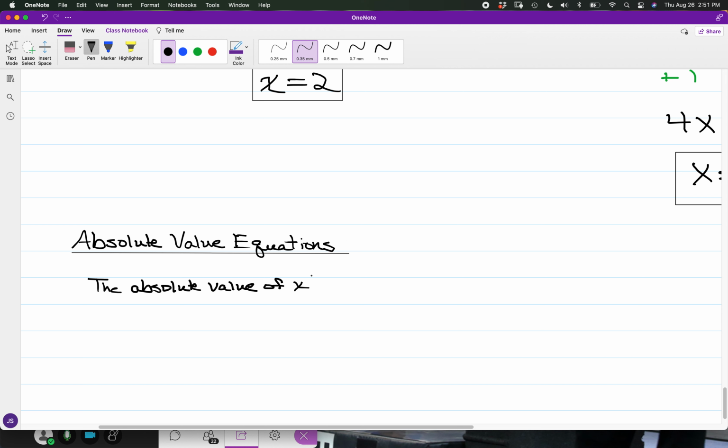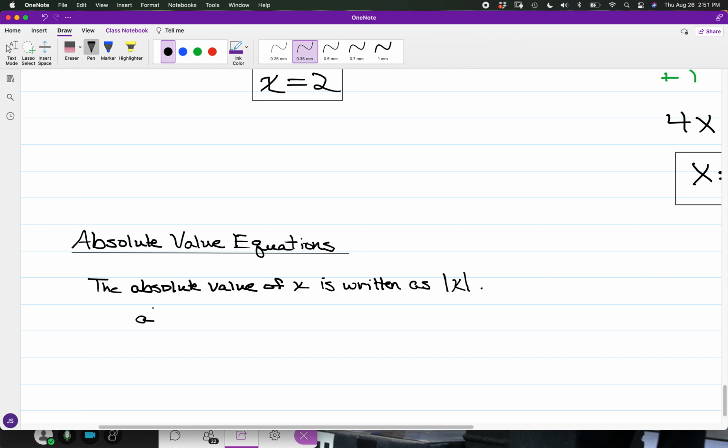And just for the algebraic notation, the absolute value of x can be written as what will look like x inside vertical bars.